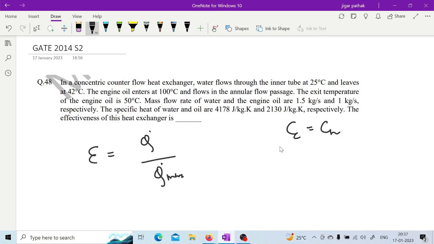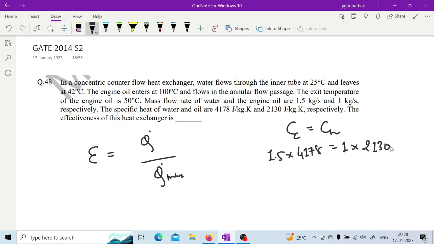For water, 1.5 into Cp of 4178, sorry, 4178 for water, and for oil 1 into 2130.